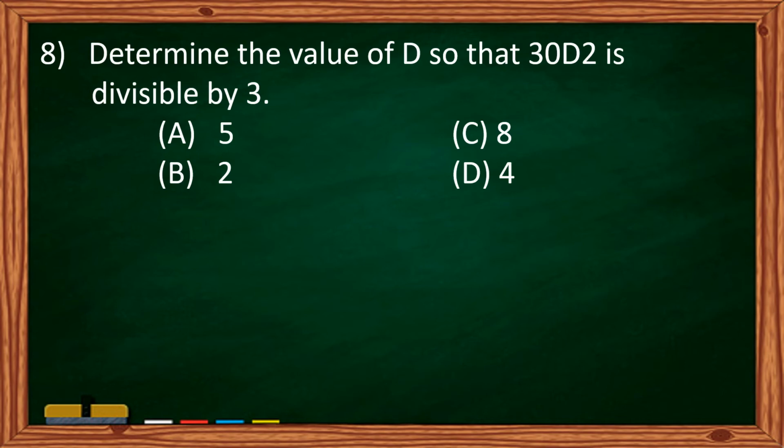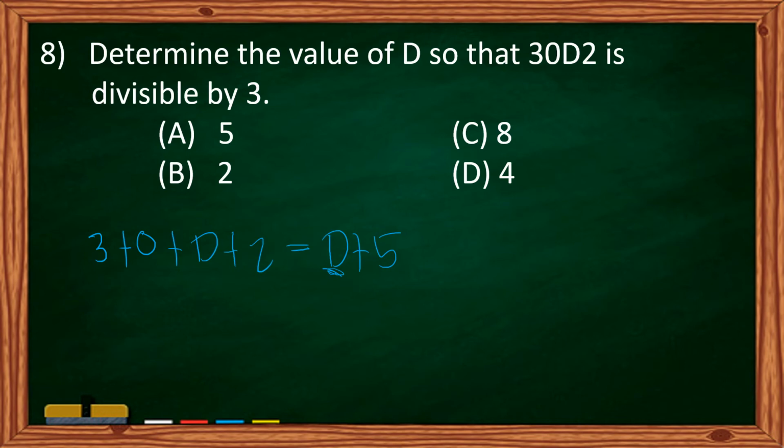So if you are given 3 plus 0 plus D plus 2, this is just the same as 3 plus 0 plus 2 is 5. So D plus 5. Ngayon, ang gagawin natin, magsa-substitute lang tayo ng values dito sa mga choices.